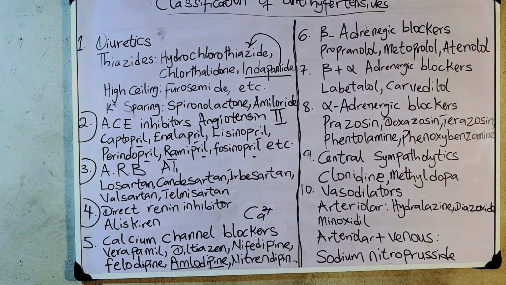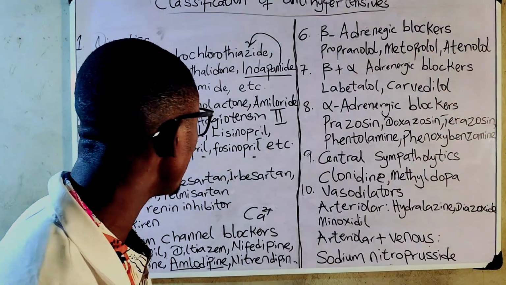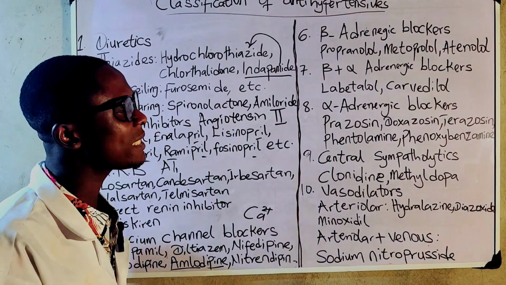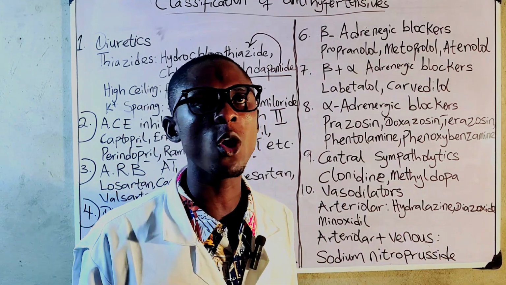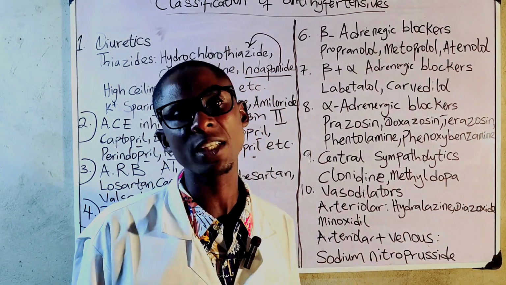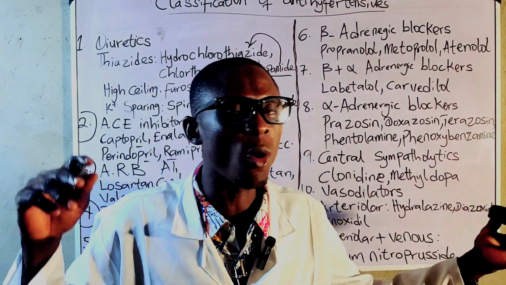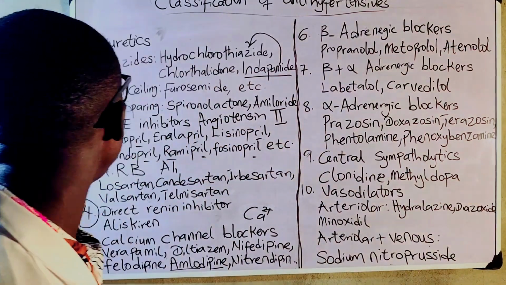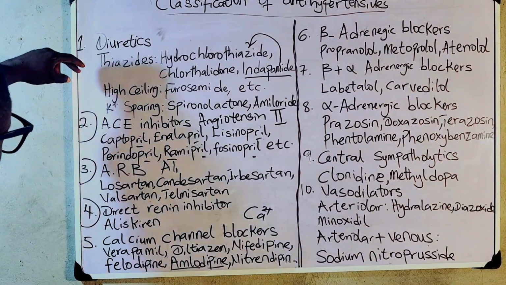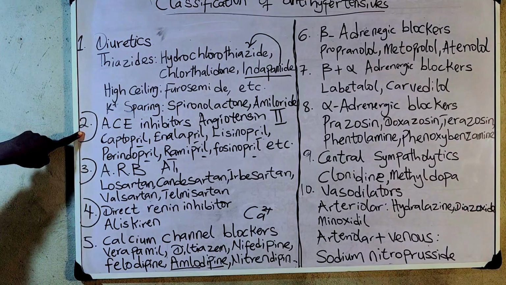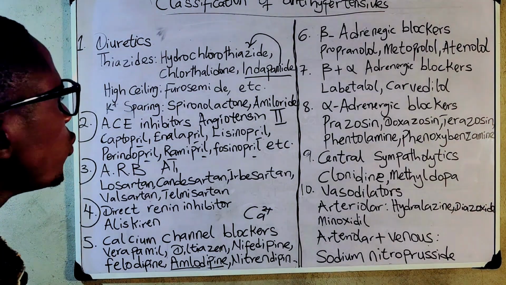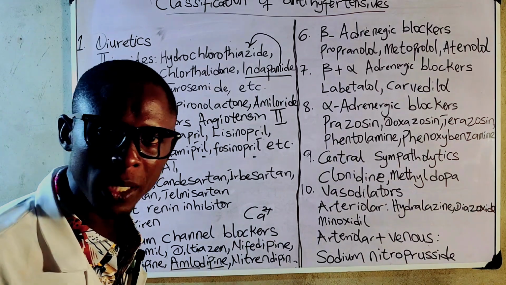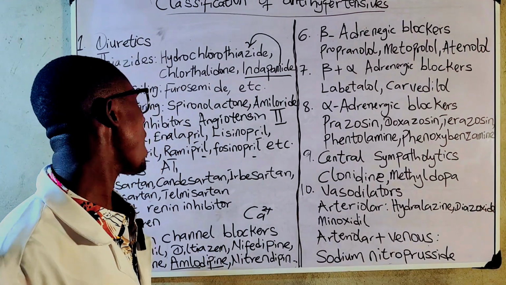We are about to start comparison, and also how most people combine drugs. I think we are still going to talk about drug combination. We said that antihypertensives are very efficacious, or work better by synergism, when you combine two or more drugs together. Take for instance, if you take one diuretic, one ACE inhibitor, and one of the calcium channel blockers, you are going to do a very good job in the management of high blood pressure.